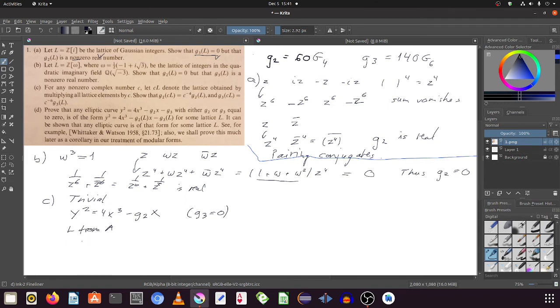And if we use CL instead, it is C to the minus sixth, no, to the minus fourth. And since this is distinct from 0, and this is distinct from 0, if they were both 0, then of course we wouldn't have an elliptic curve. So this is assumed to be distinct from 0 then. So C to the fourth equals G2 of L divided by G2 of CL.